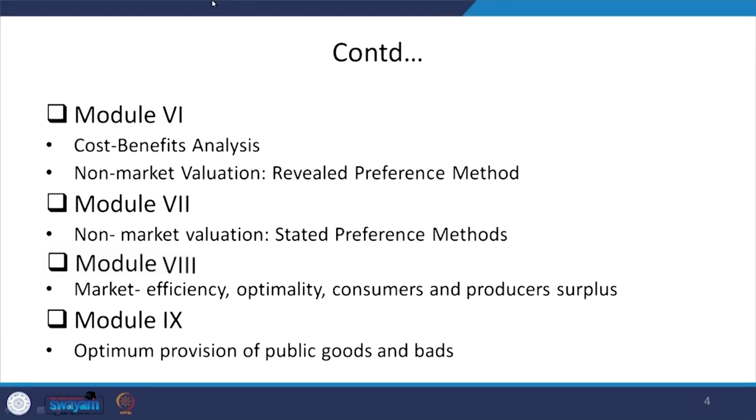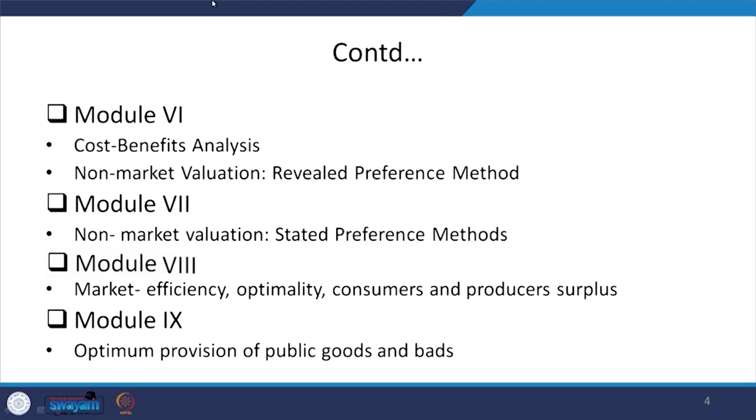Then next module will be discussing the cost benefit analysis and non-market valuation, revealed preference methods. So, in this topic we will study the social cost and benefit analysis.